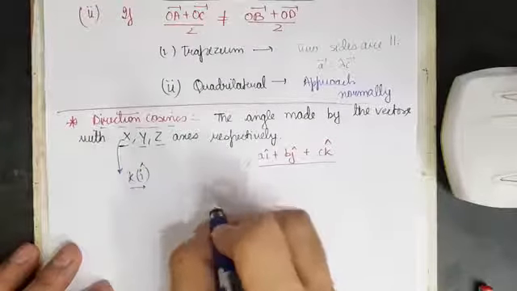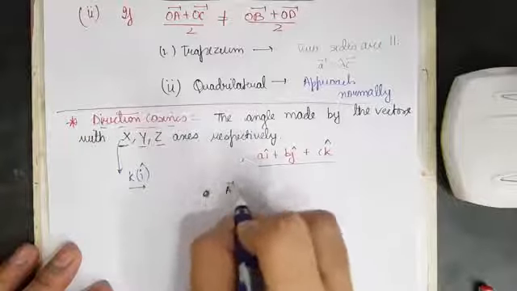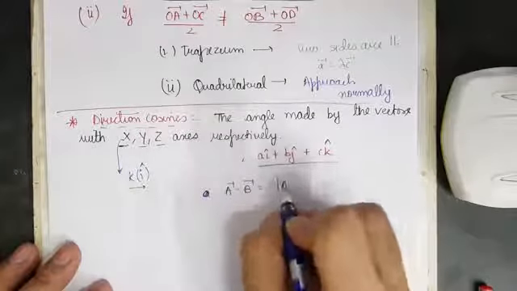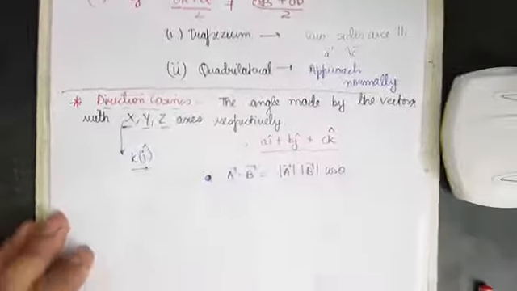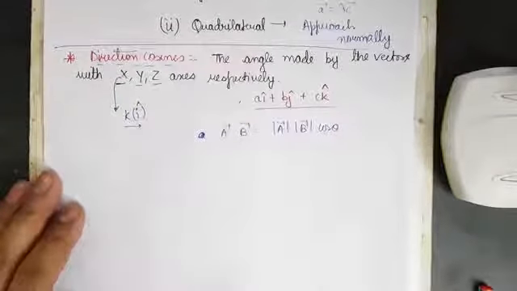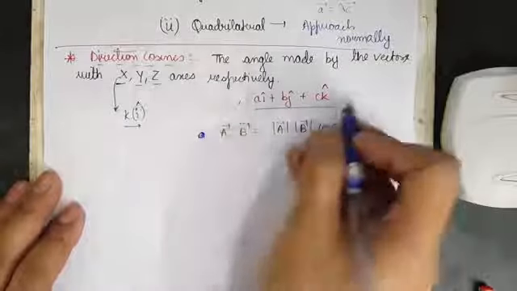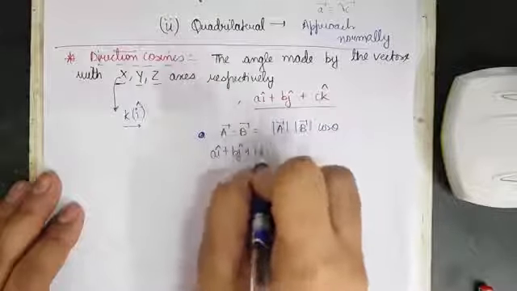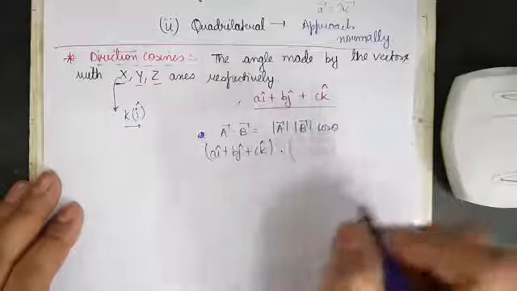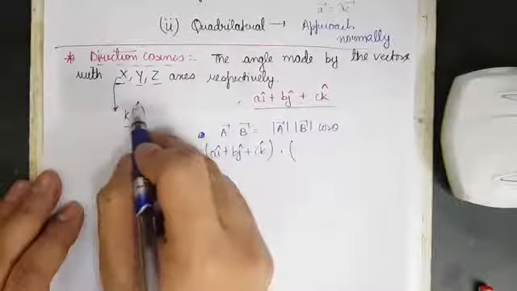So we know that a bar dot b bar is equal to mod a bar into mod b bar into cos theta. Now we are finding the angle with the x axis first of all. So what is a bar here? Let me take this one: a i bar plus b j bar plus c k bar dot, now we are finding the angle with the x axis, which is k i bar.